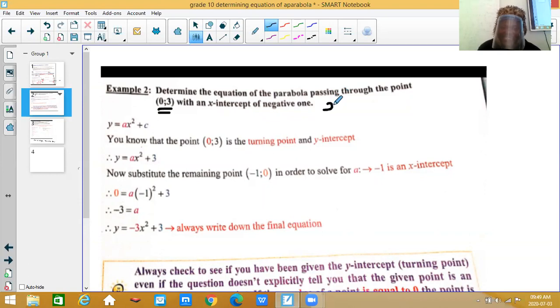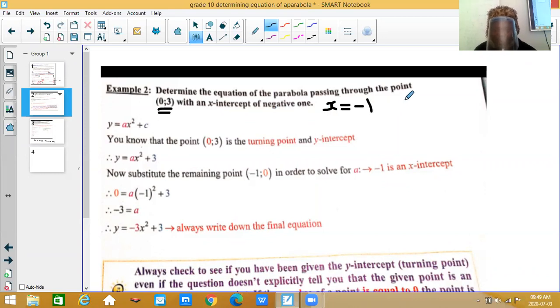They can write it like this, or they say where the x-intercept is equal to -1. Are we together?